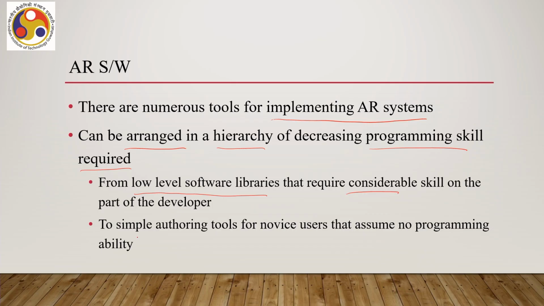At the other extreme, we have simple authoring tools which assume that the developer does not have any programming skill. These are typically for novice developers, or novice users themselves can be developers, which assumes that no programming skill is required.